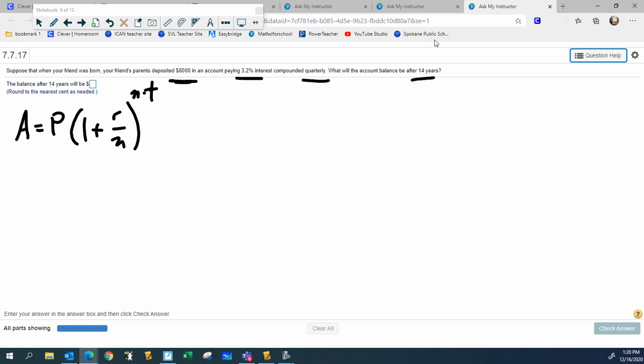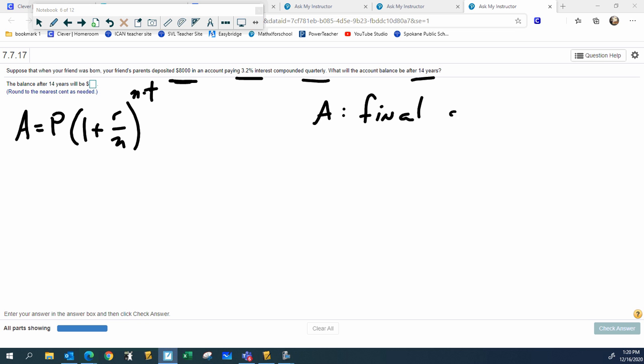So it's a lot of variables, but it's just using the formula. So A is our amount, like our final amount, the amount we have in our account after t years.